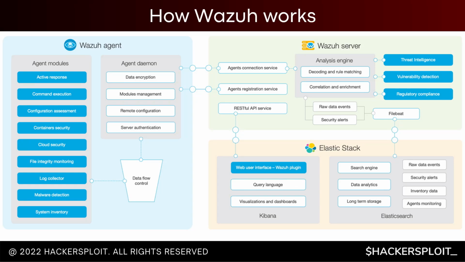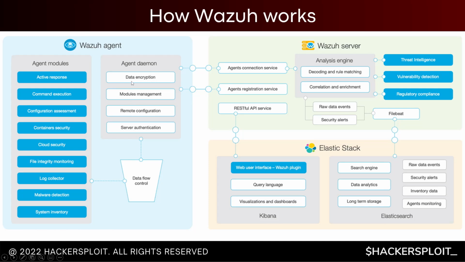So how does Wazuh work? This diagram is from the Wazuh website, which we will be referring to throughout this video because their documentation really is fantastic. As you can see right over here, you have your Wazuh agent. This is what you install on the devices that you'd like to protect. The Wazuh agent consists of various modules and the actual daemon, right?